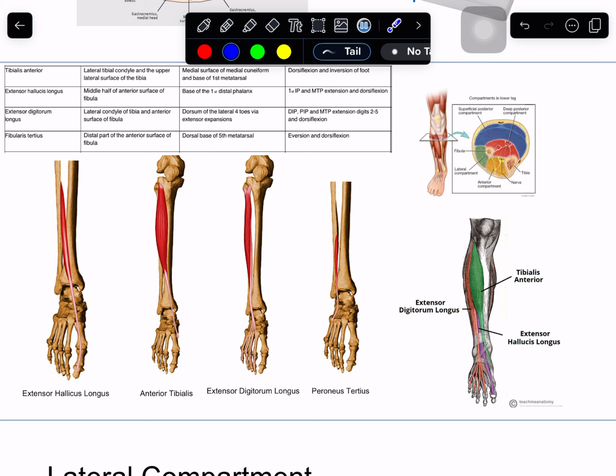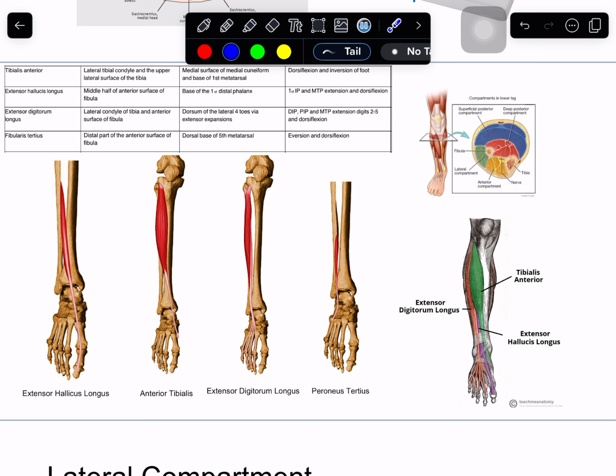So if you look at the extensor hallucis longus, this main action is going to be, yes, to extend that great toe and to help with dorsiflexion of the ankle. But it's also going to help to slightly invert. Again, the main actions are dorsiflexion and great toe extension, but there is a little bit of involvement in terms of some inversion, so this is also an inverter.